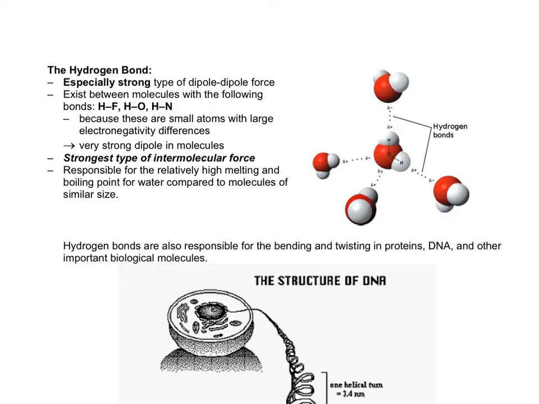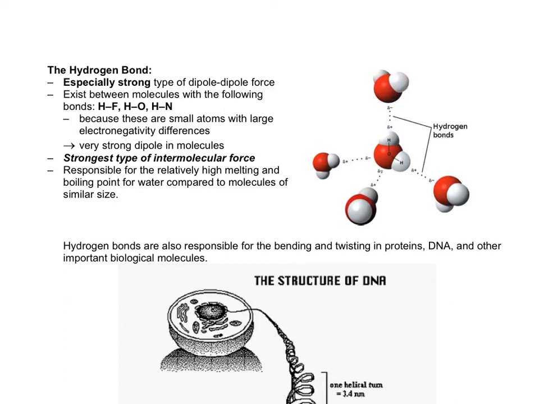Hydrogen has to be bonded to fluorine or bonded to oxygen or bonded to nitrogen for it to be a hydrogen bond. When those are bonded together, you're forming hydrogen bonds, not permanent dipoles, and not dispersion. And these are very strong bonds compared to the other two. Still much weaker than the covalent bonds that hold the molecule together.